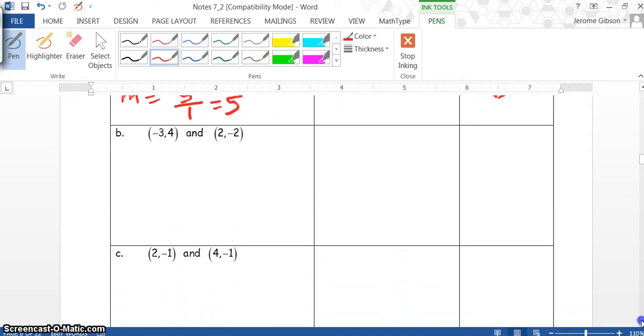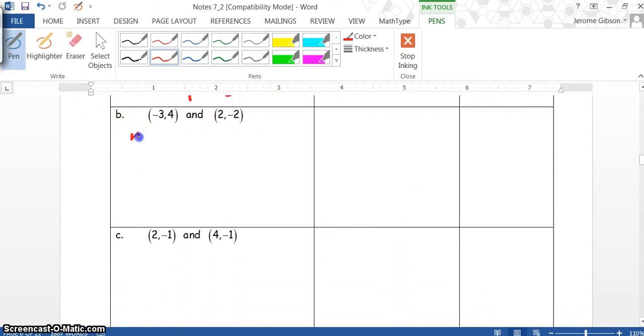Now we go to the next value. Now we know it's y sub 2, which is negative 2, minus y sub 1, which is 4, divided by x sub 2, which is 2, minus x sub 1, which is negative 3. Negative 2 minus 4 is negative 6, and 2 minus a negative 3, we know that becomes 2 plus 3, which is 5.